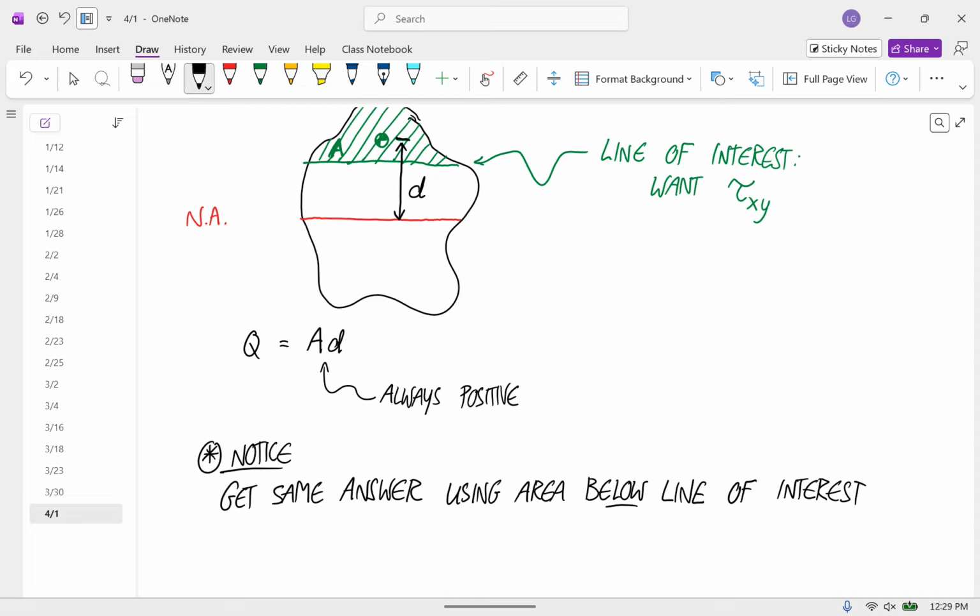It's going to be somewhere below the neutral axis because we've removed some from the top, say here or something. Then take the distance from the neutral axis to that centroid of that new shape, and you'll get the exact same number as what I drew there.